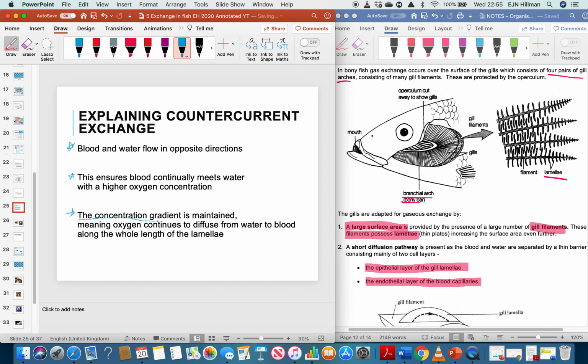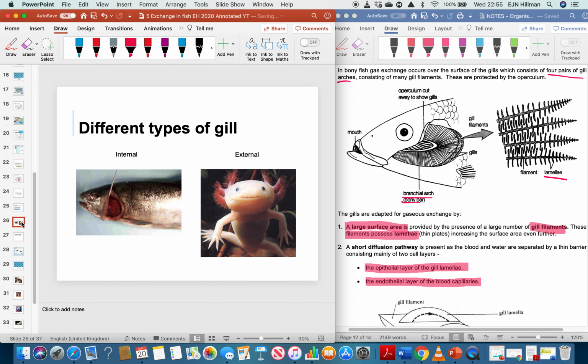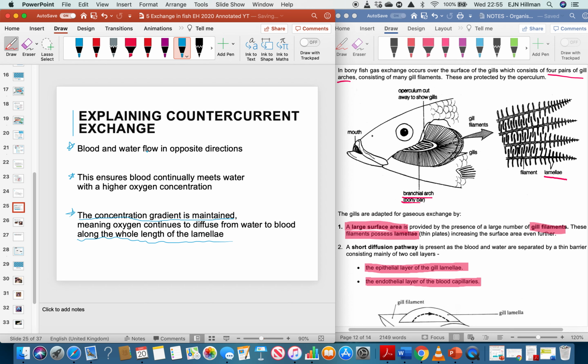So think back to Fick's Law, meaning that oxygen continues to diffuse from the water to the blood, and there's that really useful little phrase, along the whole length of the lamellae. Okay, I'll just leave that there for a second. If you can learn those 3 sentences verbatim, you can't really go wrong with countercurrent exchange.